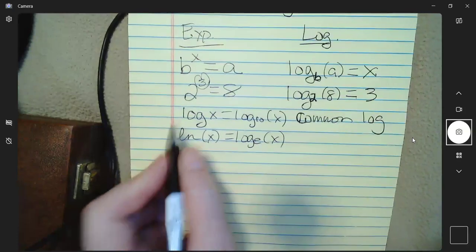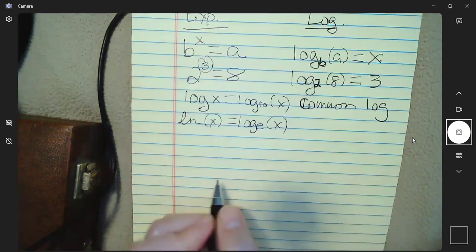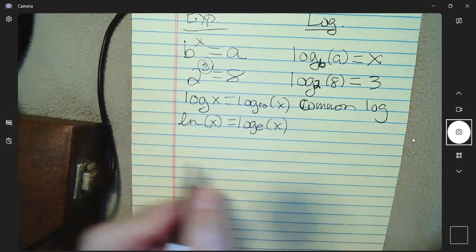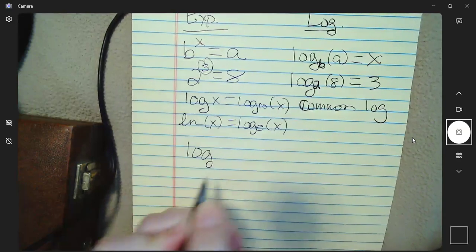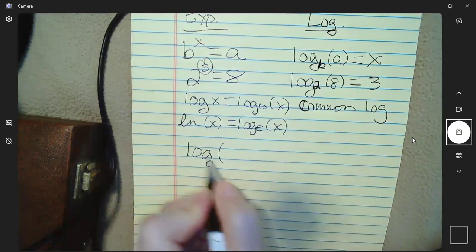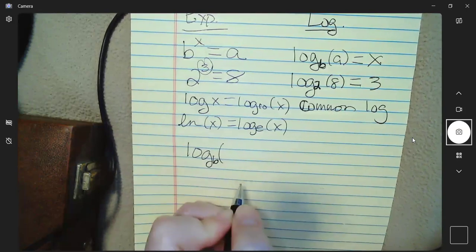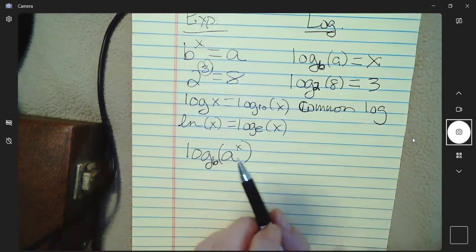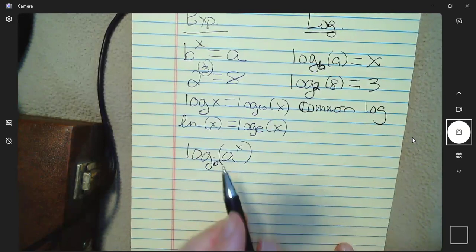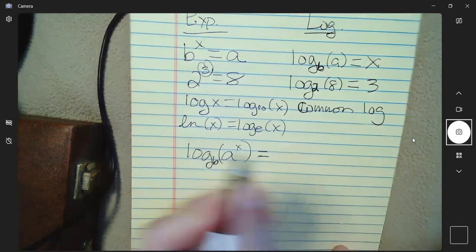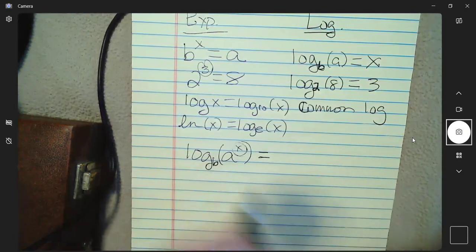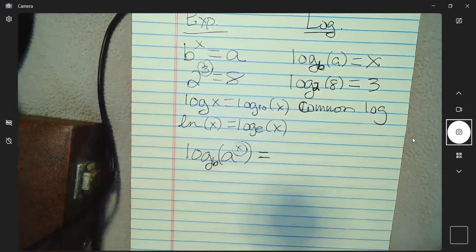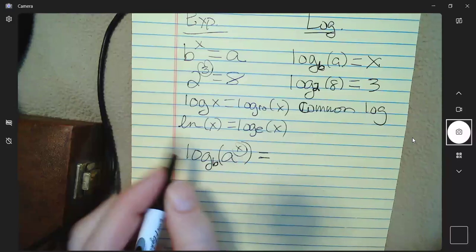All right. The other thing that we want to be able to remember how to do is the power rule for logarithms. So remember, if you have a logarithm, whatever base you're working in, and you have something else inside your logarithm, you can still use what's called a power rule. I know that in the Moodle lesson for 5.2, there was a big explanation about why this is true, but it is true.